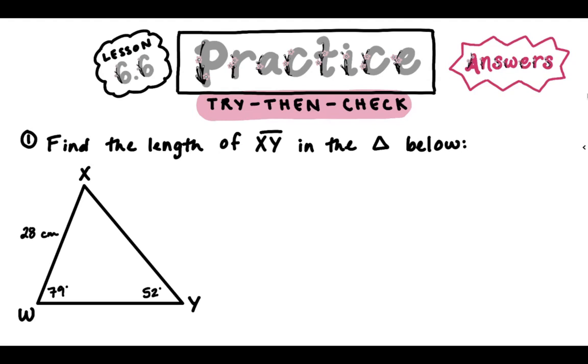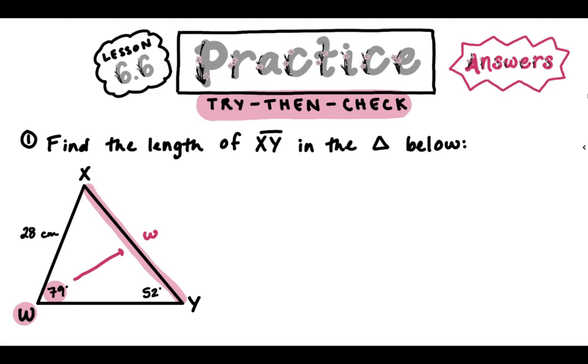So let's highlight XY. That is this side right here. And we might notice that that's across from angle W. So since that's across from angle W, I'm going to call this side little w. Then I'm just going to look at what else I know.